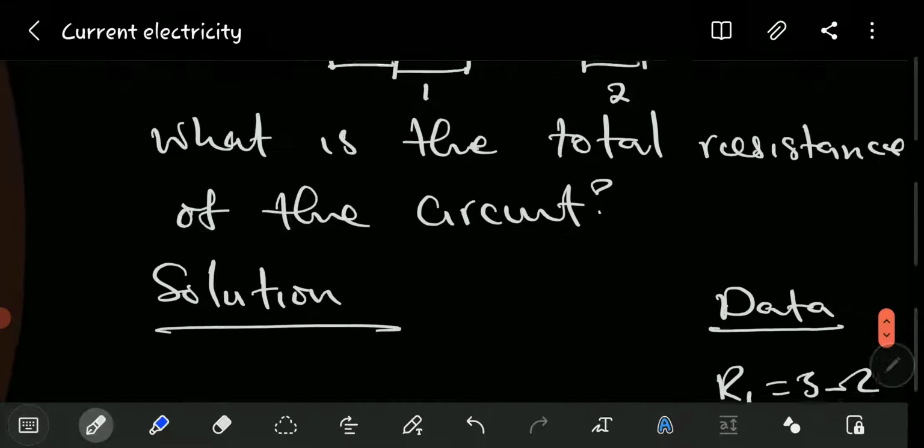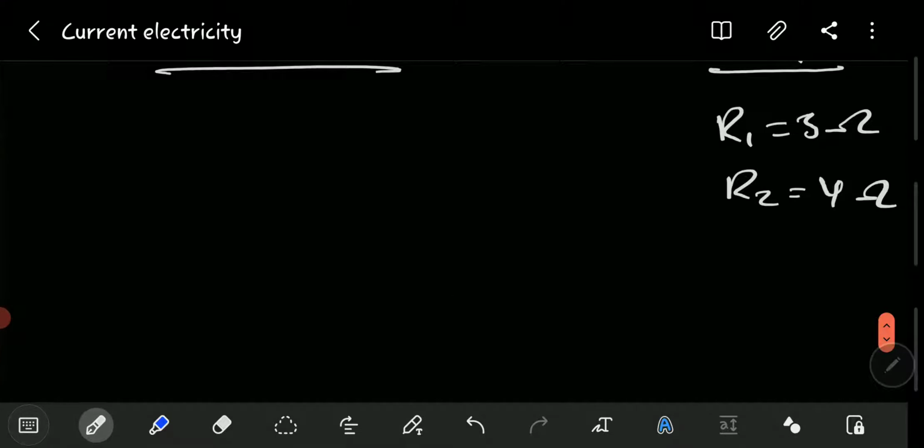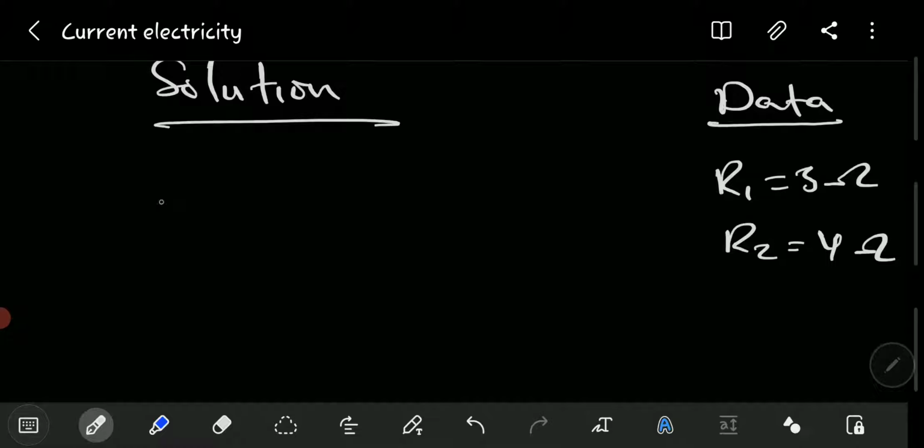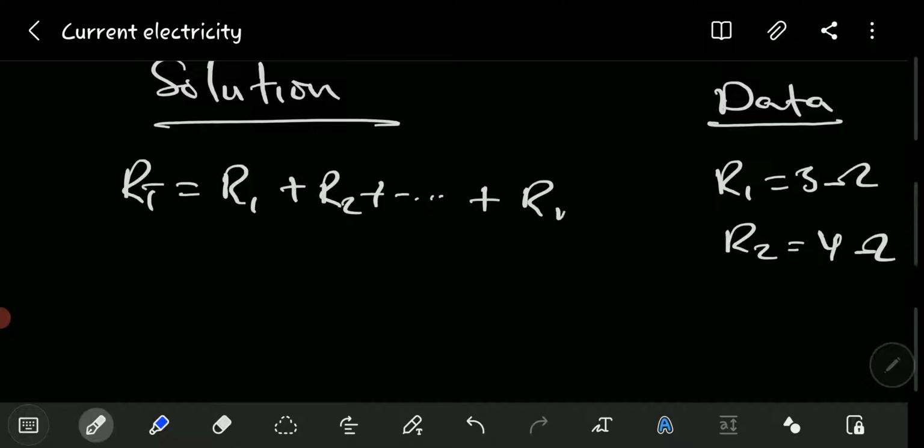Since it is the sum, the general formula for resistors in series is R total is equal to R1 plus R2 plus so on and so forth plus Rn, which is the nth resistor.